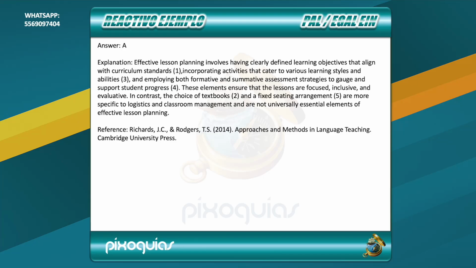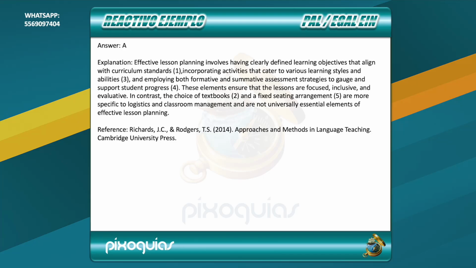Let me explain. Effective lesson planning involves having clearly defined learning objectives that align with curriculum standards, incorporating activities that cater to various learning styles and abilities, and employing both formative and summative assessment strategies to guide and support student progress.